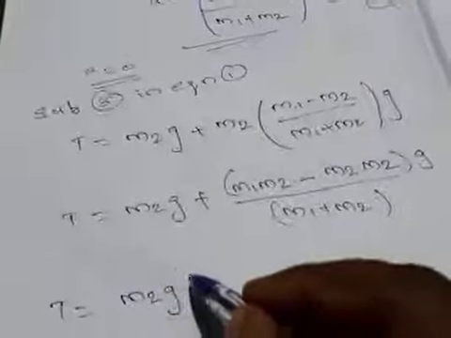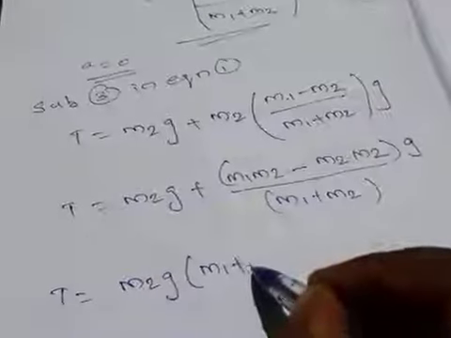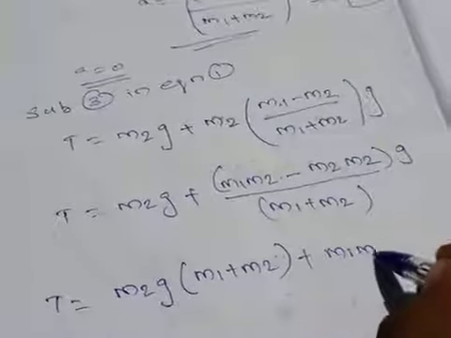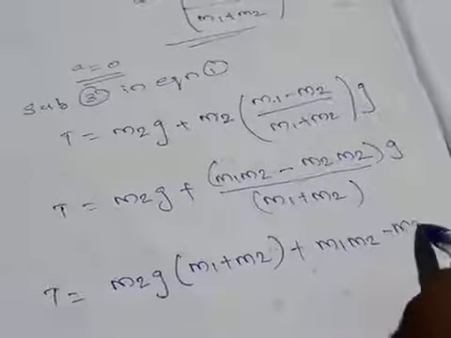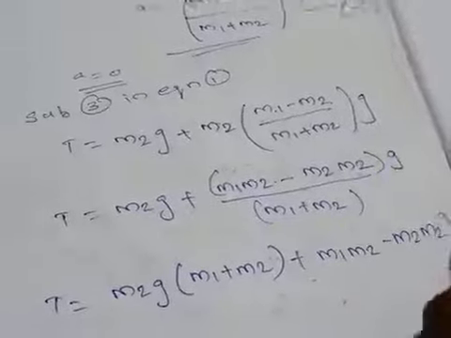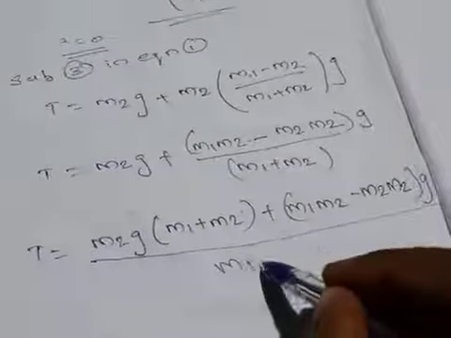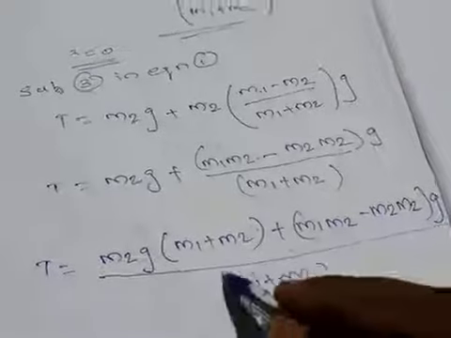Now take the LCM, that means you multiply this with here, so T is equal to M2G into M1 plus M2, plus M1 M2 minus M2 M2 into G, divided by M1 plus M2.